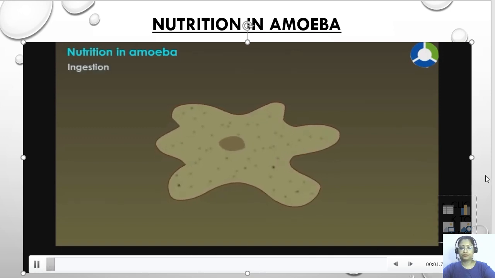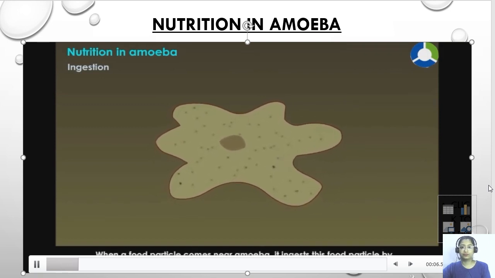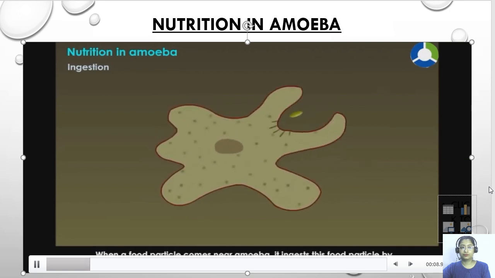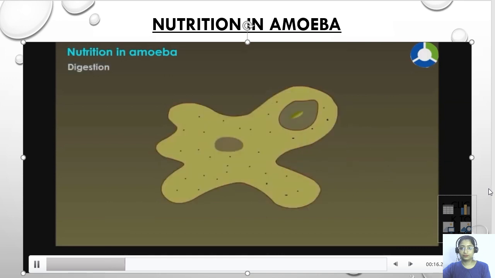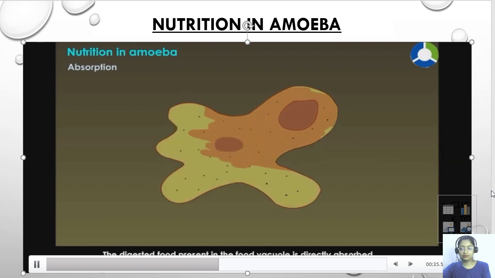Ingestion. Ingestion. When a food particle comes near amoeba, it ingests this food particle by using pseudopodia around it. Digestion. The food is digested in the food vacuole by digestive enzymes. Absorption. The digested food present in the food vacuole is directly absorbed into the cytoplasm of amoeba by diffusion.